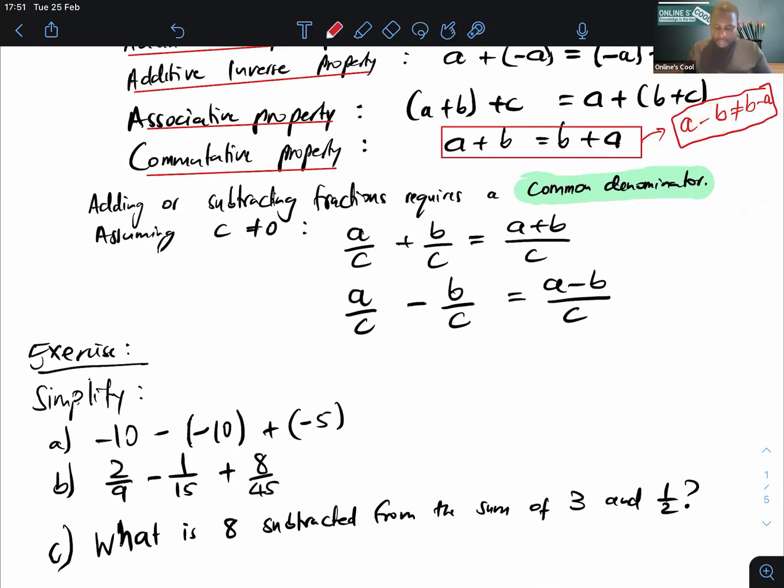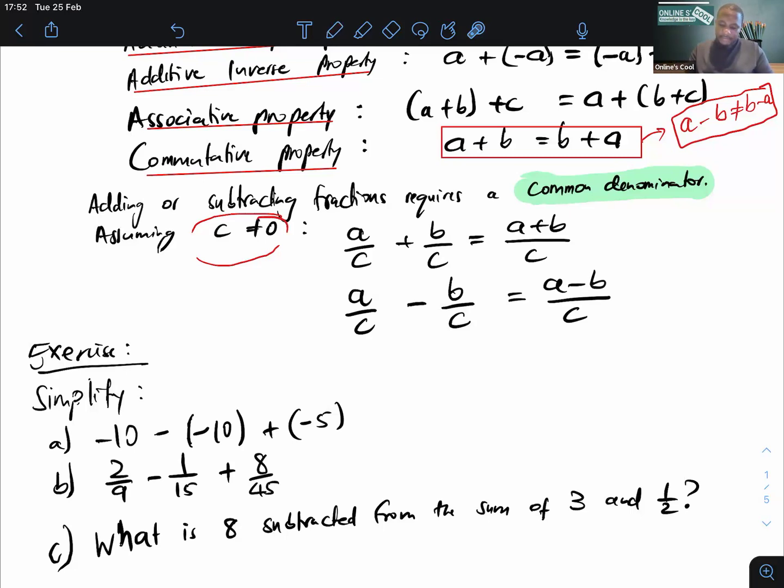And then adding or subtracting fractions requires a common denominator, right? So assuming that C is not equal to 0, and I'm assuming this because I don't want to deal with a number divided by 0. So I've got 2, 5, whatever the number is.